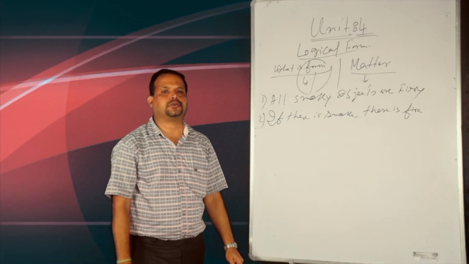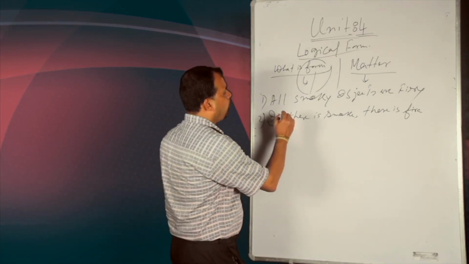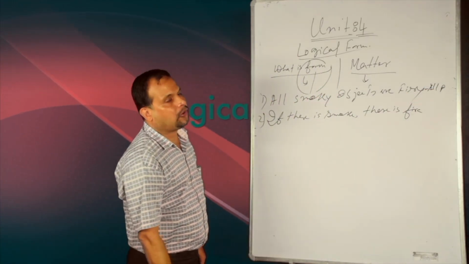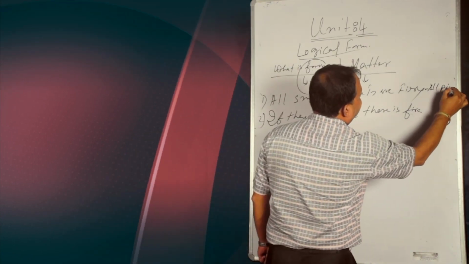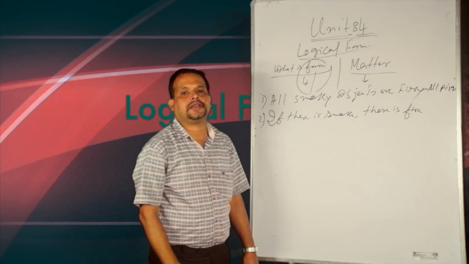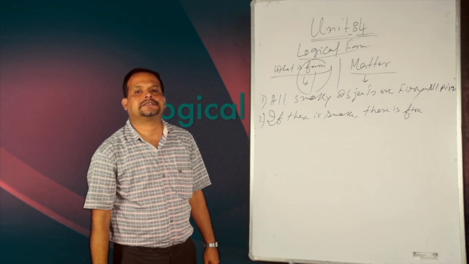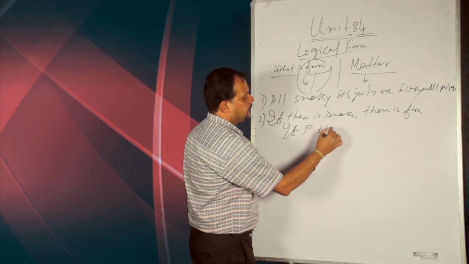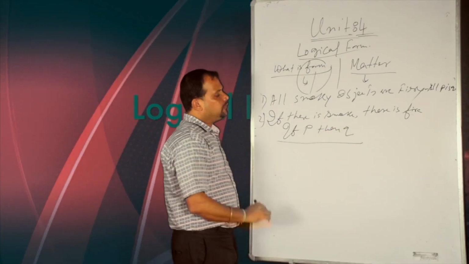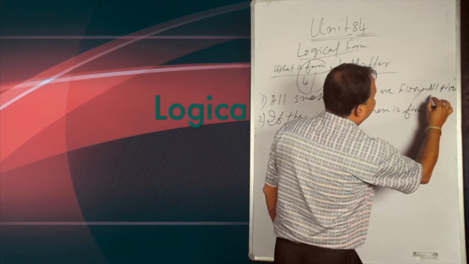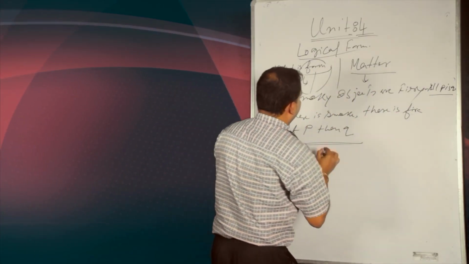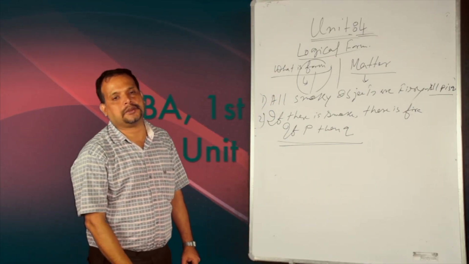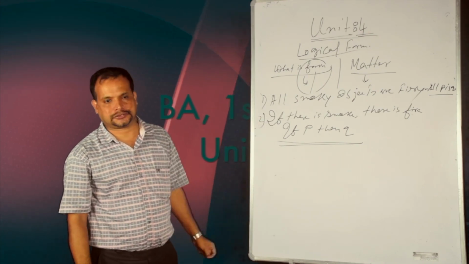The form of the first proposition is as follows: all S is P, all P is Q. We can say the second proposition has the following form, that is, if P then Q. Here the logical form is different in the two examples, but the matter is the same.